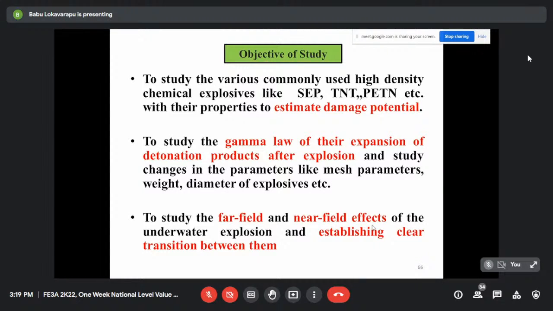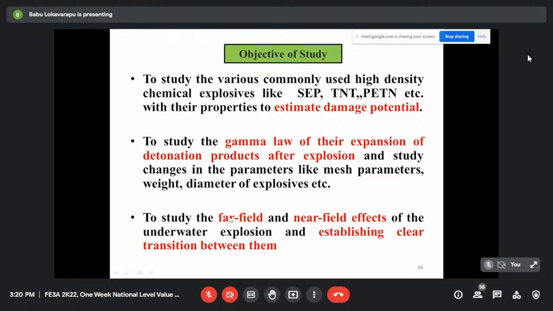These explosives are very powerful. They can damage the structure, right? And we can predict how they can potentially damage nearby structures by following the gamma law of expansion of detonation products after explosion, and study the changes in parameters like mass and weight, diameter of explosives.